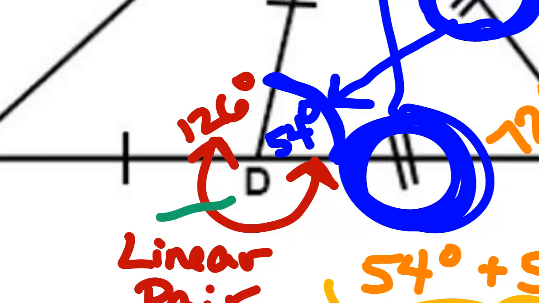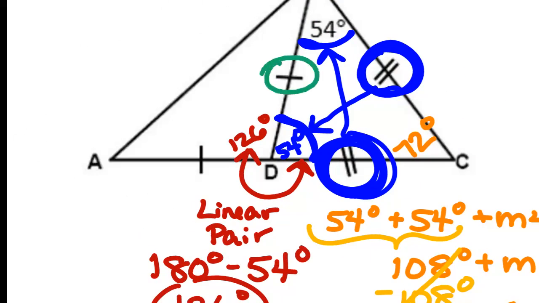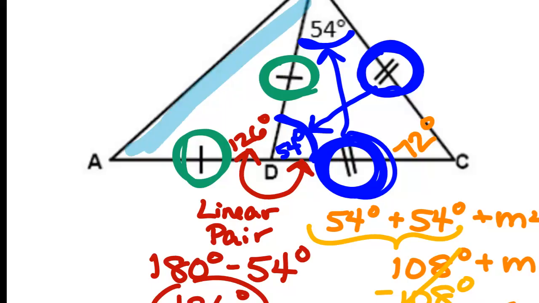I know because of these two markings right here that two of the sides of this triangle are congruent. That means this triangle over here is also an isosceles triangle. Would this be one of the two congruent angles for this triangle?